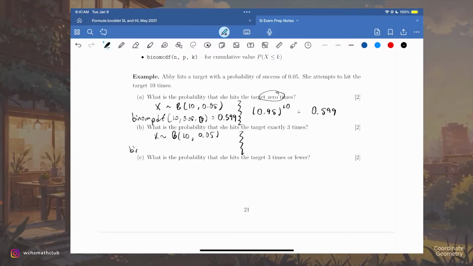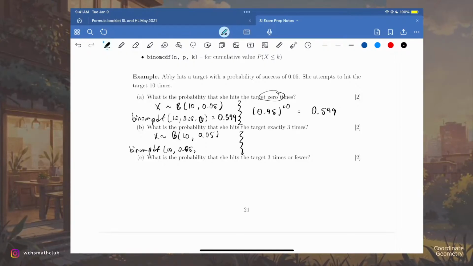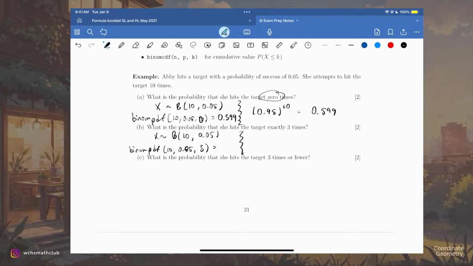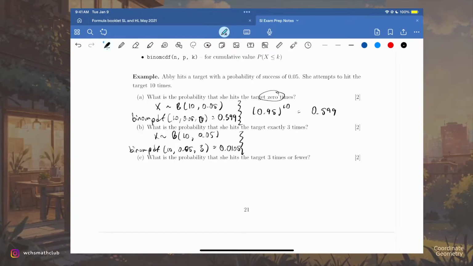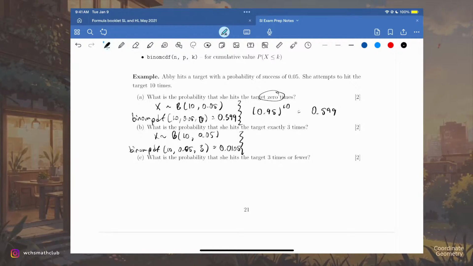Now you're going to use binompdf, just like so, of 3. I plug that into my calculator and get 0.0105. So pretty unlikely.